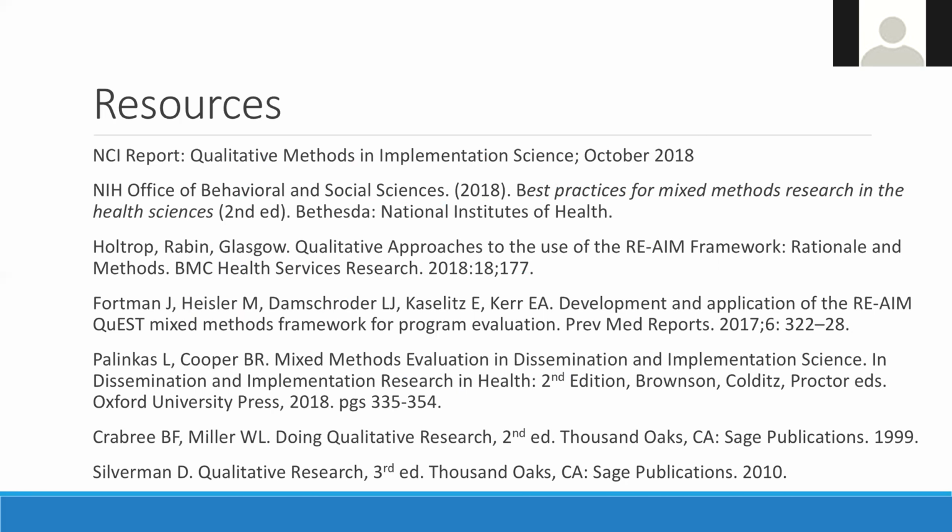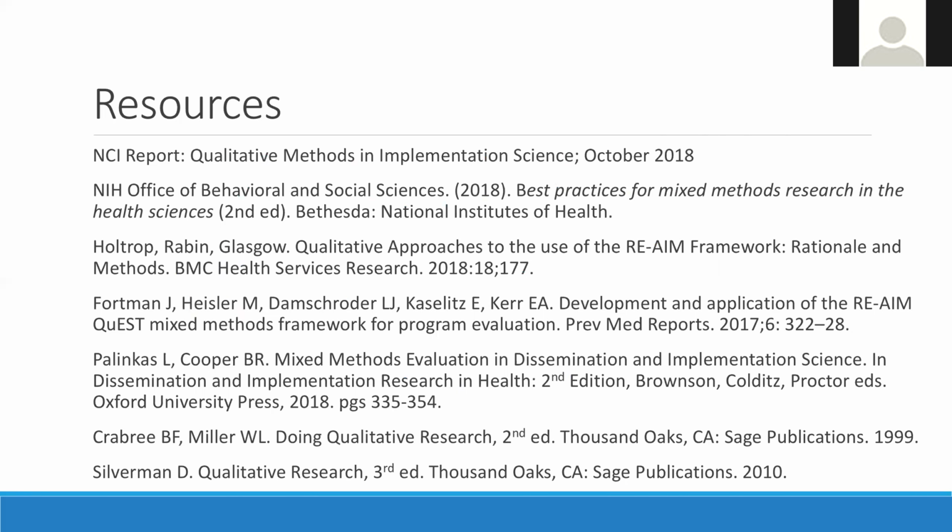I will self-admit with transparency, I'm a big fan of REAIM. There is also another model that includes REAIM that Russ and others have developed called PRISM, the Practical, Robust Implementation and Sustainability Model. PRISM includes REAIM and the drivers of how you get to REAIM.